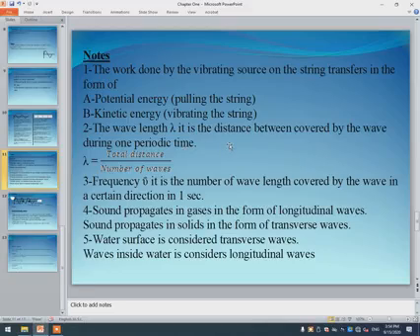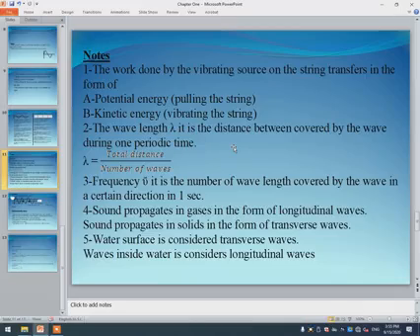Lambda is the distance between 2 points that have the same phase. These 2 points may be 2 crests or 2 troughs in a transverse wave, or 2 compressions or 2 rarefactions in a longitudinal wave. But if we want to calculate the wavelength, say we have 100 complete oscillations, 100 waves.